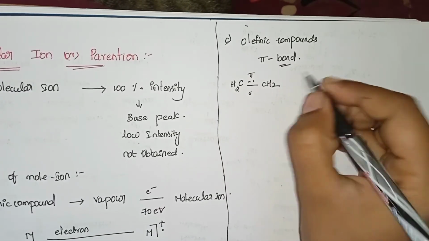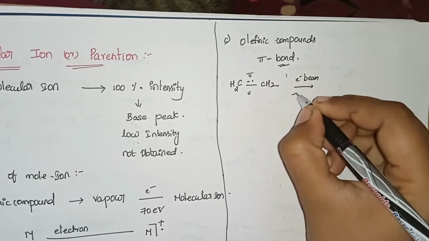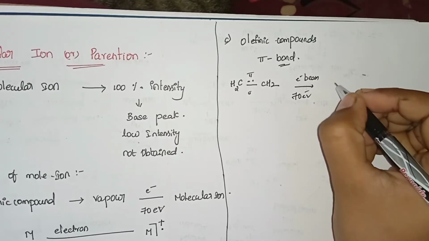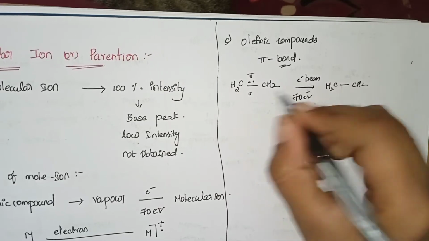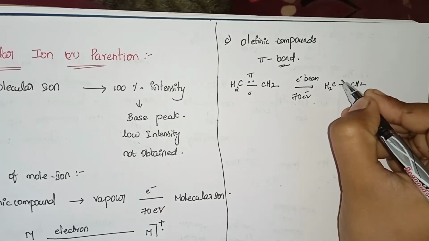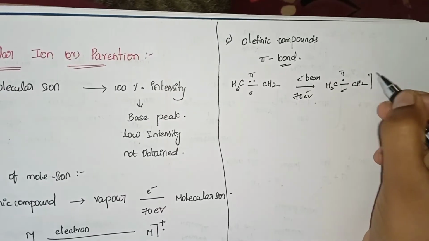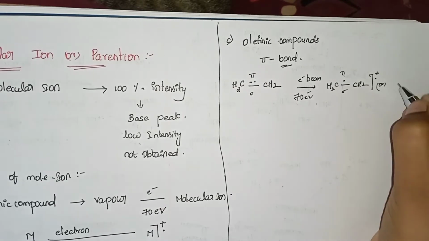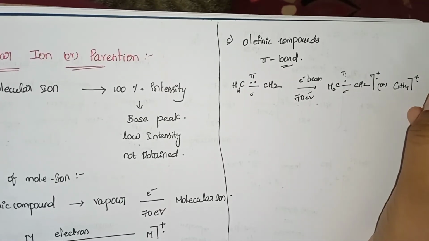With an electron beam of 70 electron volts, CH2=CH2 loses one pi electron, leaving one electron in the pi bond and the sigma bond. It is a molecular ion, also written as C2H4 plus radical.